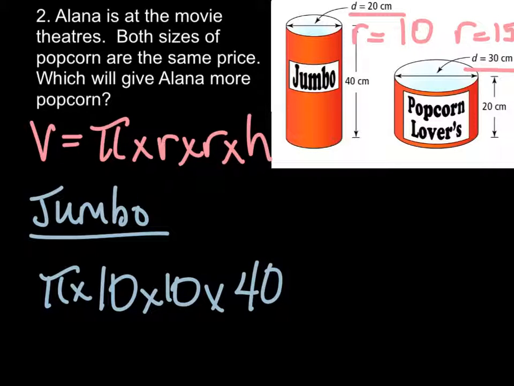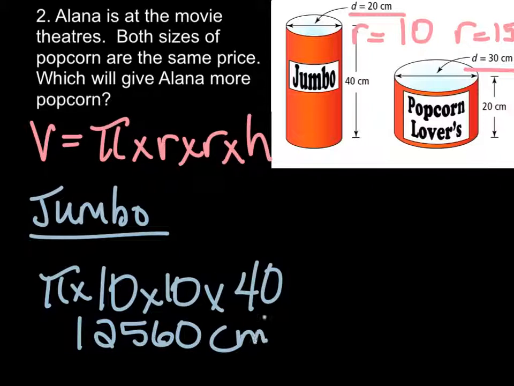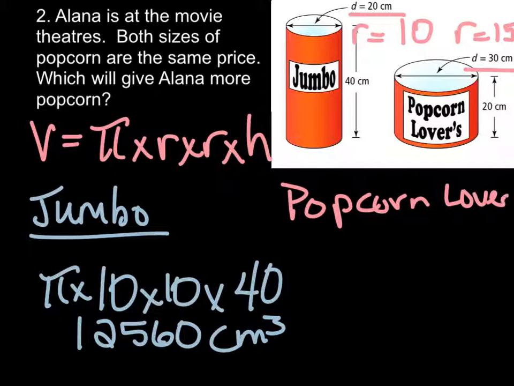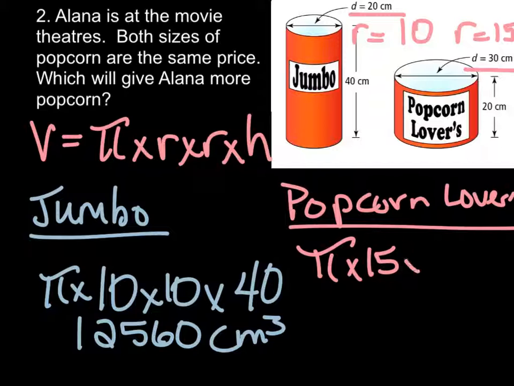So if we put that in our calculator, we're going to get 12,560 centimeters cubed of popcorn. And then if we do the other size, the popcorn lovers, so pi, or 3.14, times 15 times 15 again, because that's our radius, and times the height.